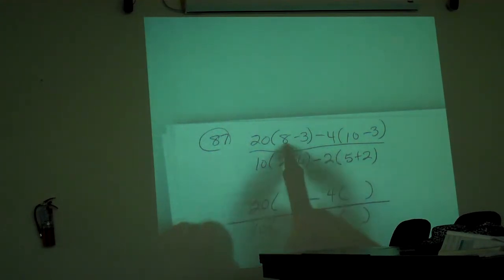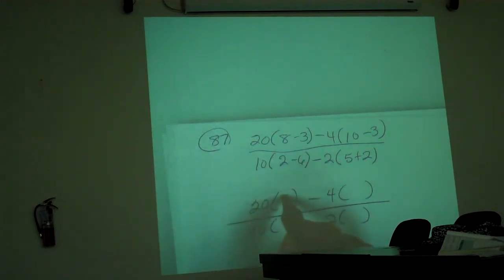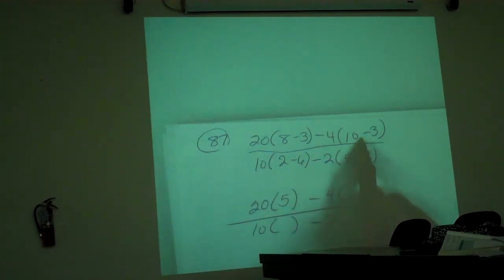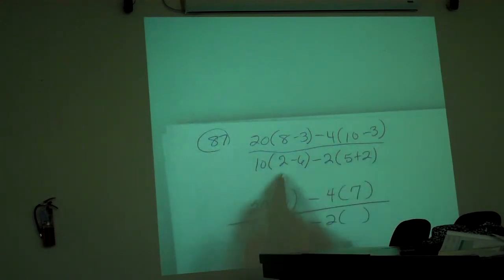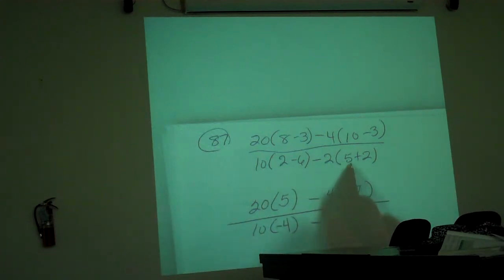Okay, we'll start with 8 minus 3 is 5, right? 10 minus 3, 7. 2 minus 6, negative 4. 5 plus 2, 7.